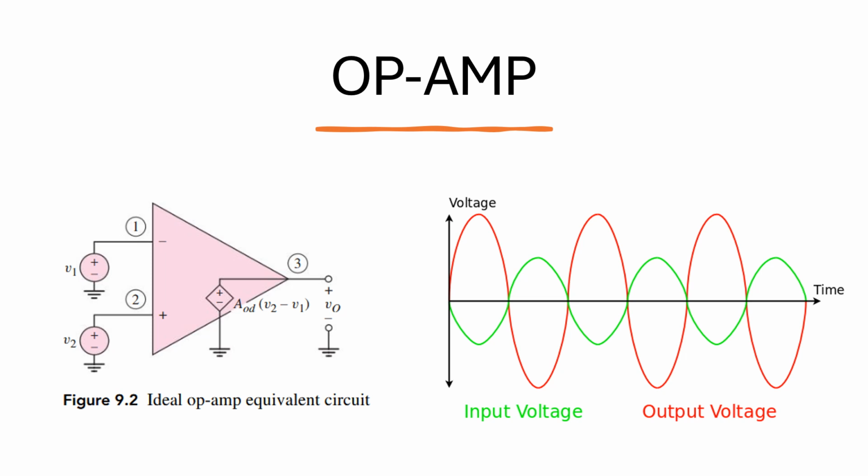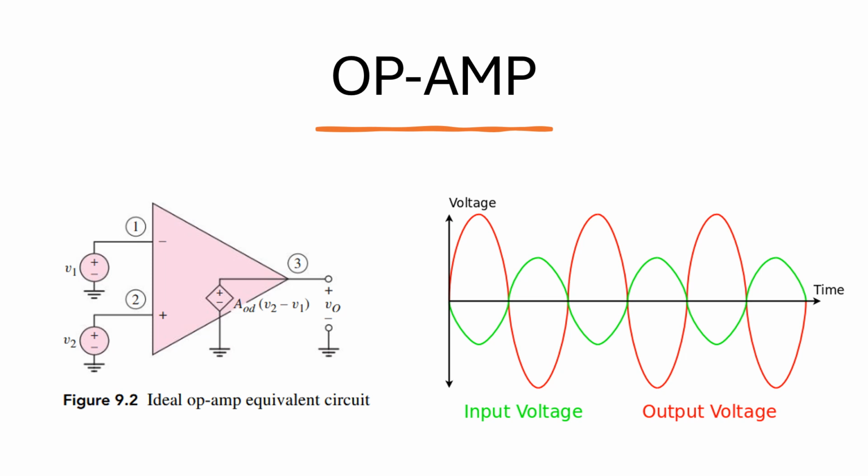So first, what comes to your mind when we use the word operational amplifier, that is op-amp? The primary objective is to design the operational amplifier to amplify any input signal. Input signals may be AC signals like sinusoidal, rectangular, or any type of input.